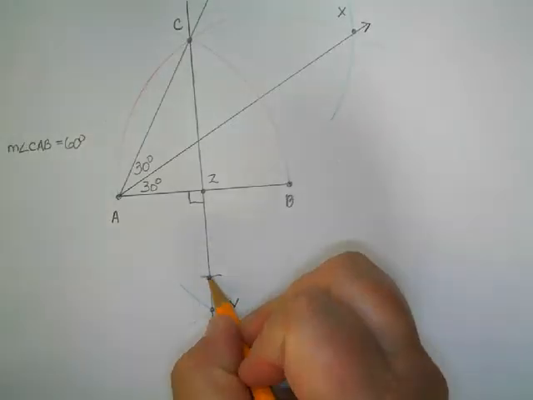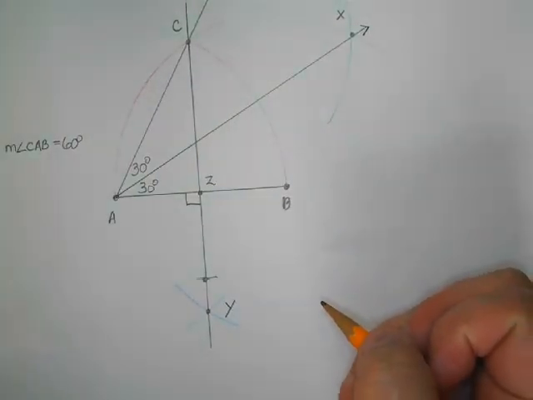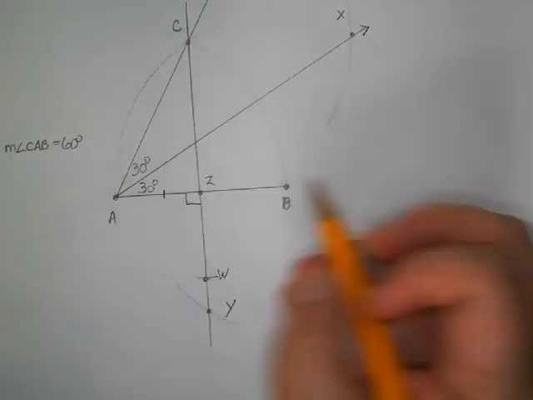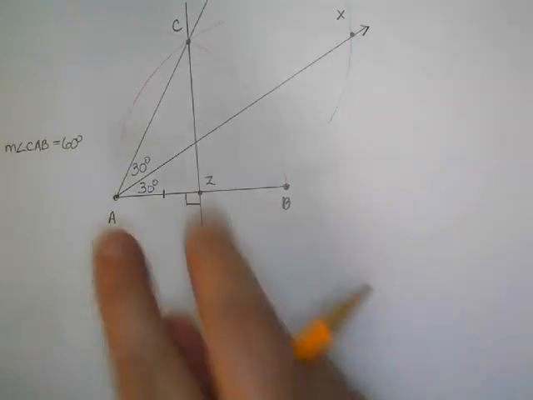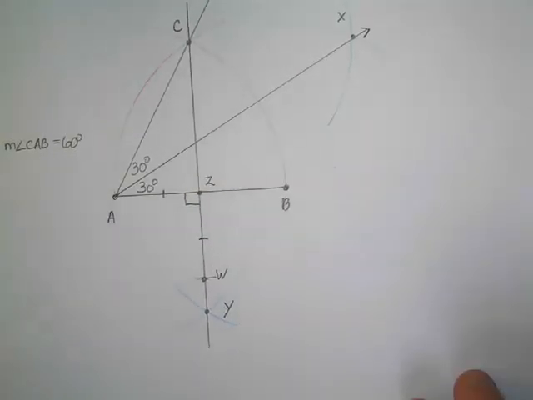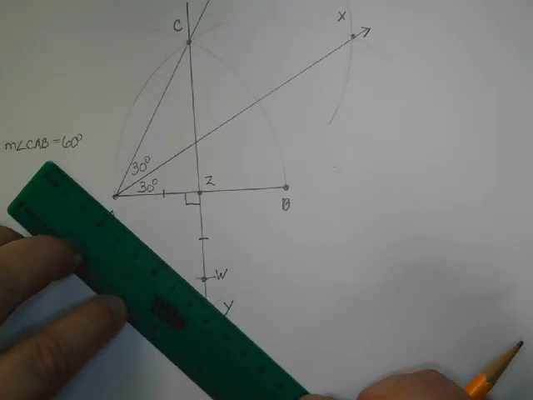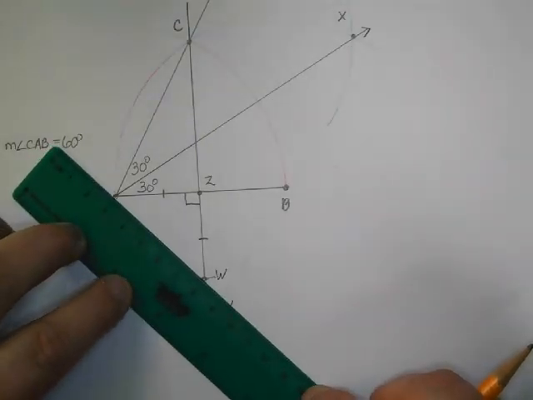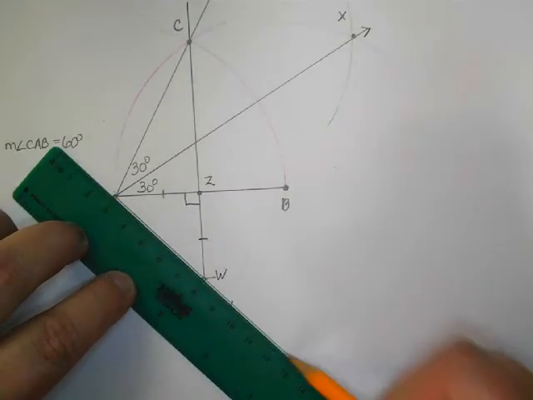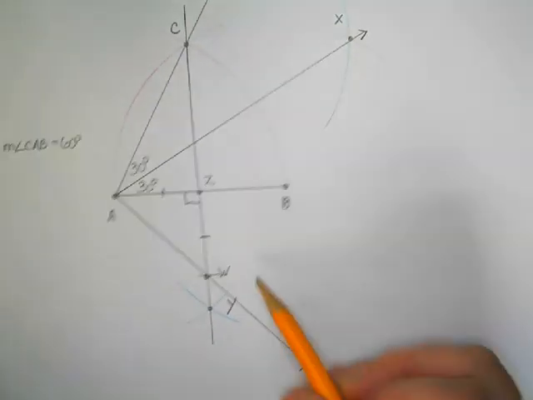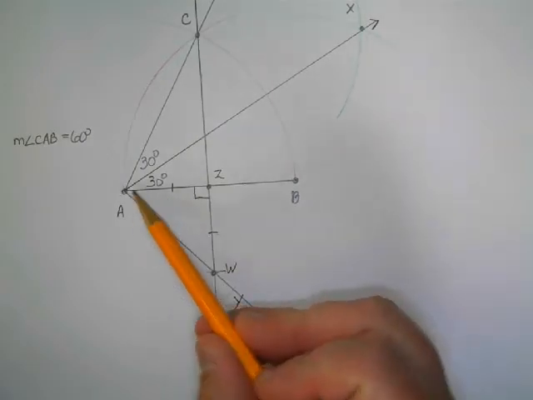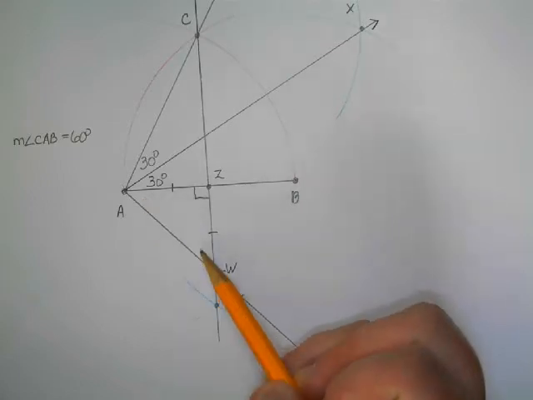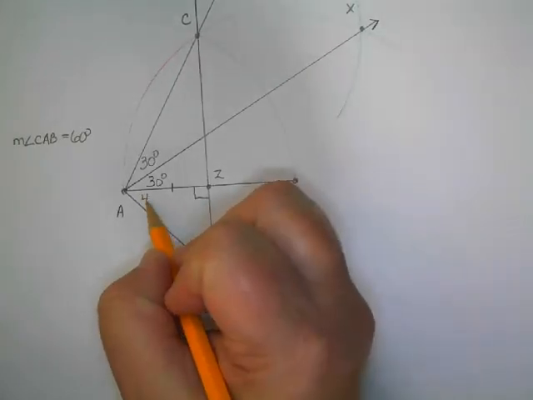And I will call this intersection point W. And I know that AZ is congruent to ZW because I copied that segment. And now if I draw a ray through points A and W, I have an isosceles right triangle, AZW, and the two base angles are both 45 degrees.